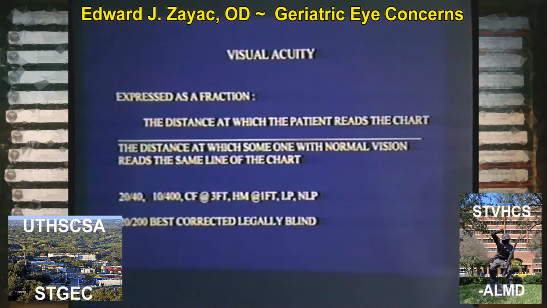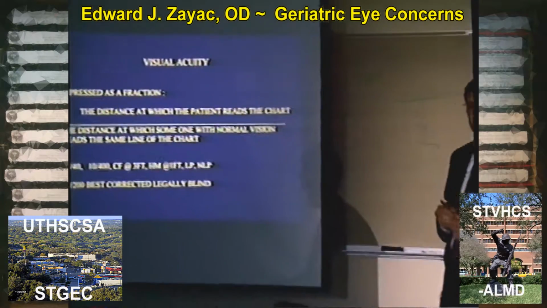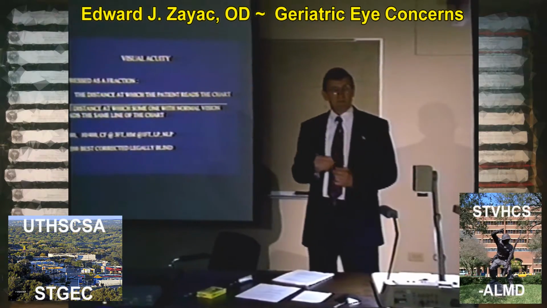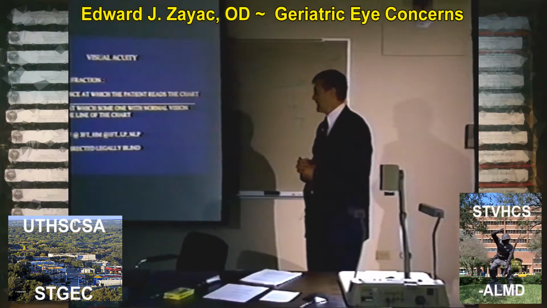So this is typically where the numerator is 20 feet, and typically the normal person reads the 20/20, and this is how we get it. Now, to put that in perspective, someone that has 20/300 vision, to say that differently, is a person with normal vision 20/20 can stand away from an object 300 feet and see the same thing that the person that has 20/300 has to get up 20 feet to see.